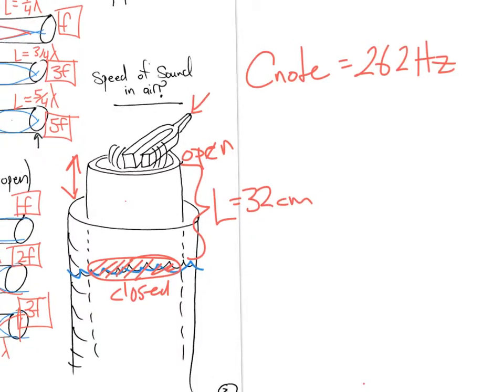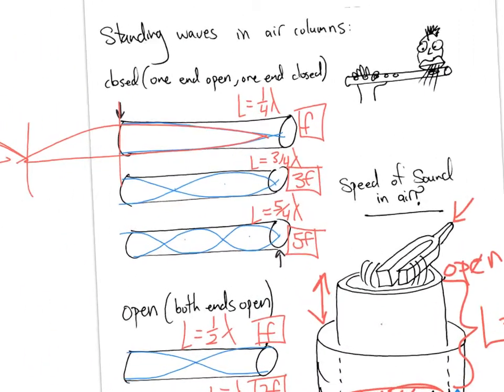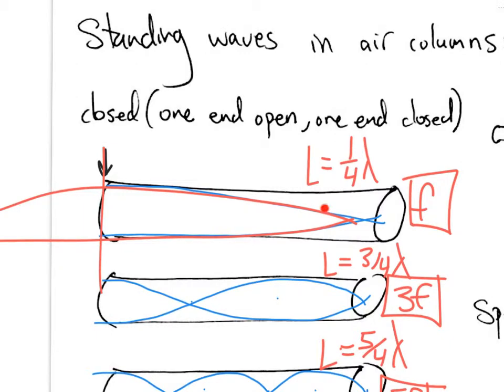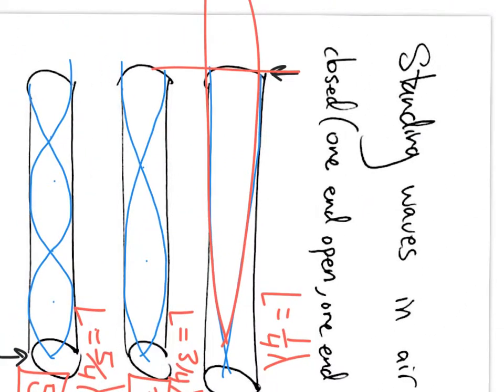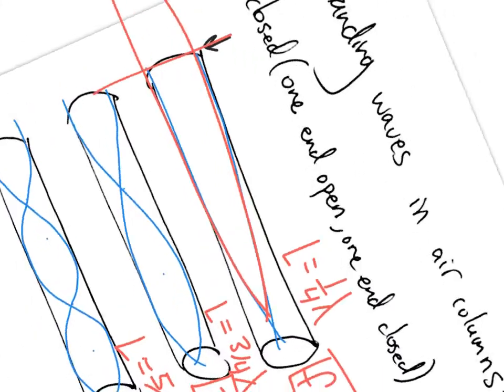So we are talking about this type of situation where this is closed at the water, this is open at the tuning fork. Okay, open at the tuning fork, closed at the water. But this is what we're looking at, the length is 1/4 the wavelength.